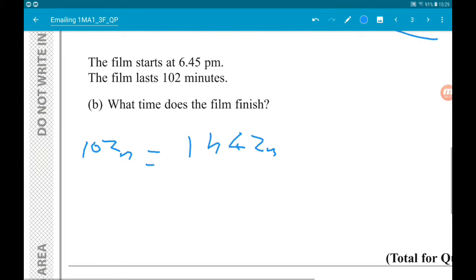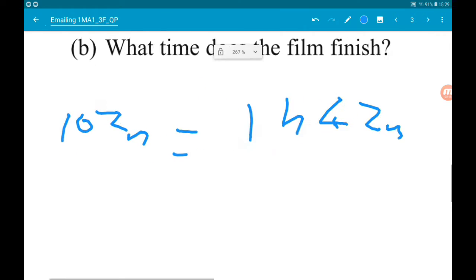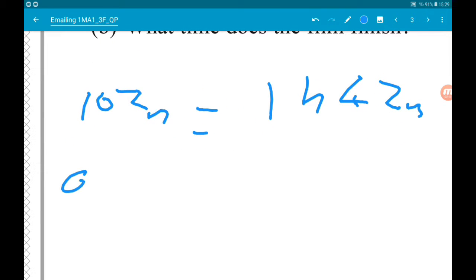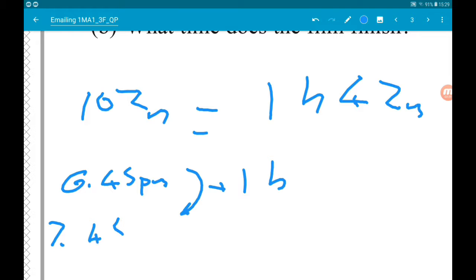Now 6:45 p.m. and 1 hour is 7:45 p.m. Now we have 42 more minutes to add on.